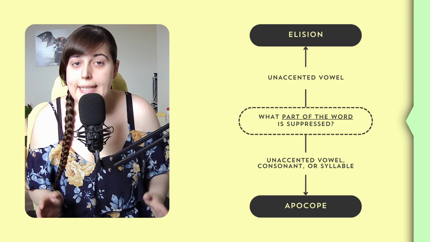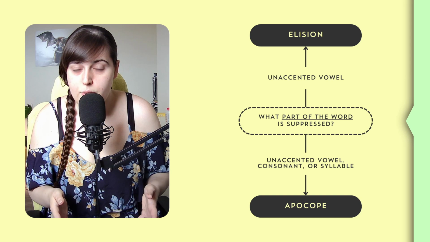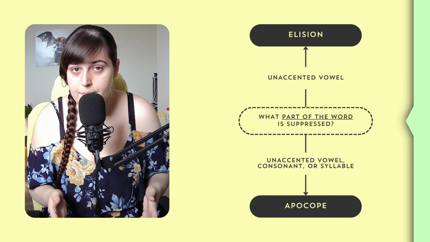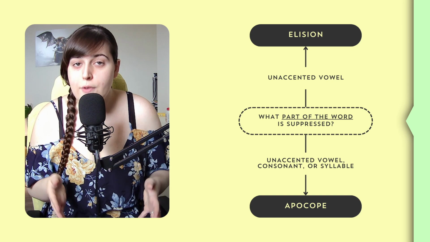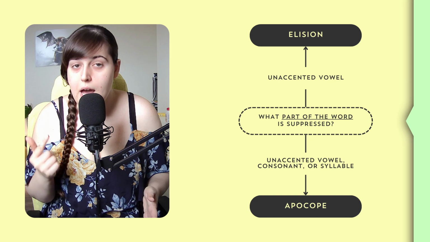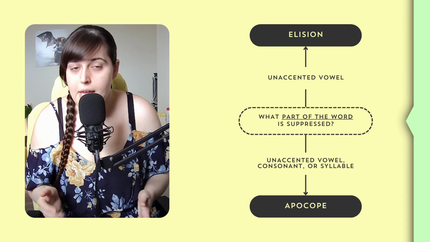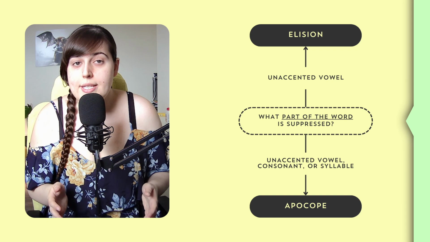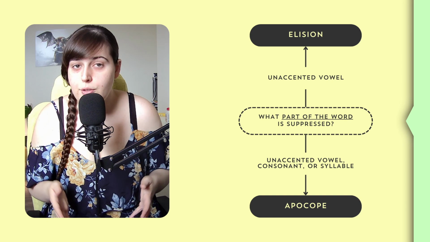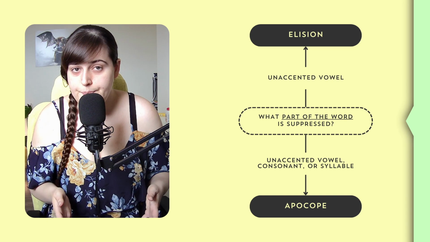However, while the elision is limited to the final vowel, the apocope can involve a vowel, a consonant, and even an entire syllable. Simply put, we need to ask ourselves, what part of the word is suppressed?